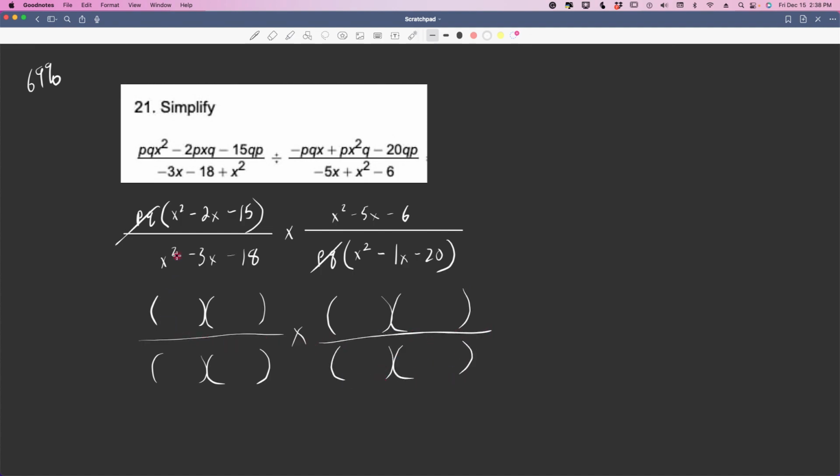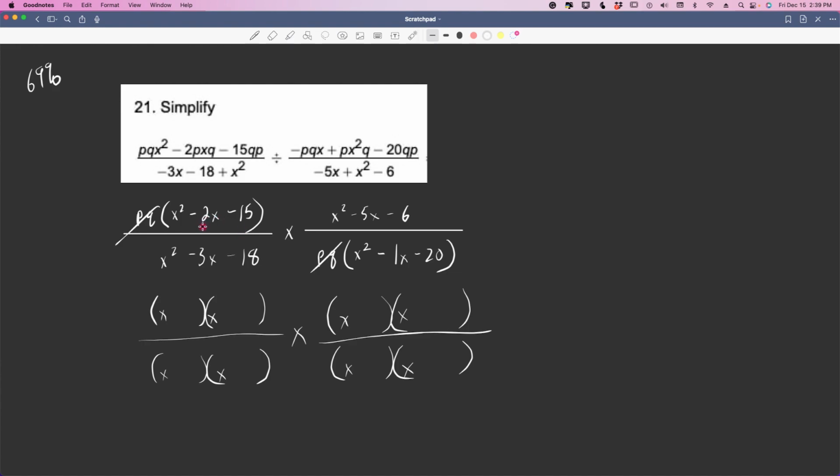Now we know, because these are all x squared, that each will have an x in it. All right, let's look at the first one. We have 15. We need to have a negative 2 remaining to multiply 15. We know the only factors of 15 are 5 and 3.